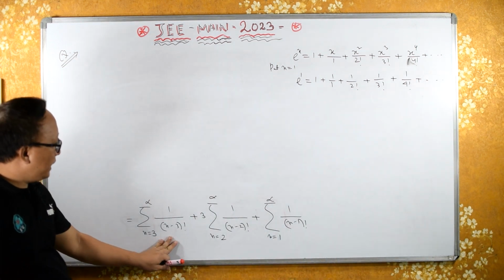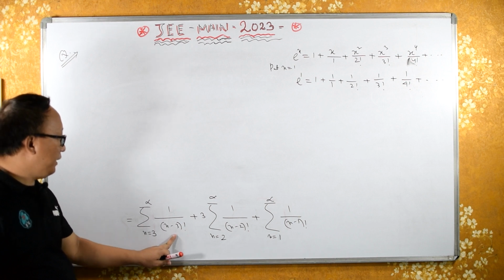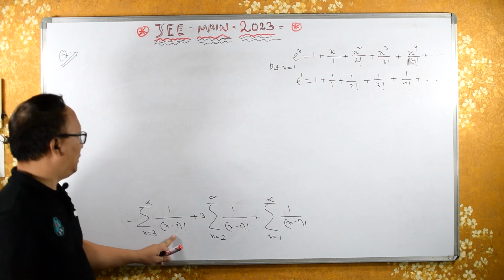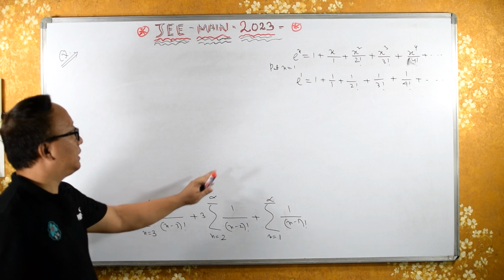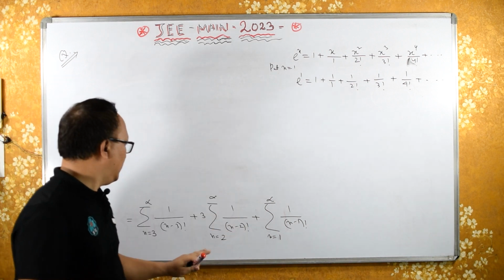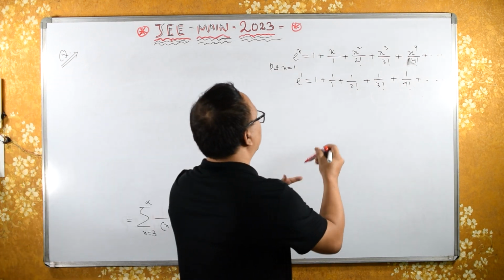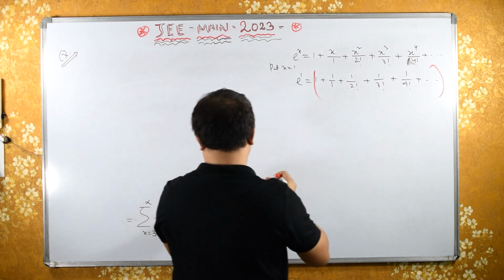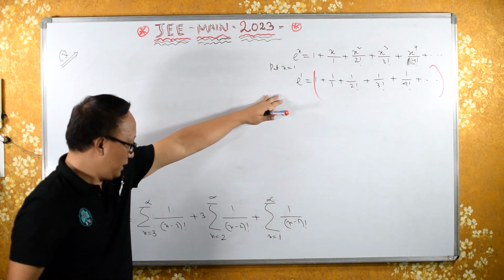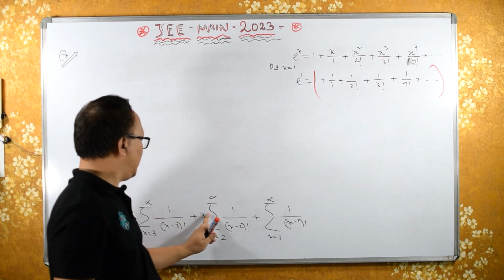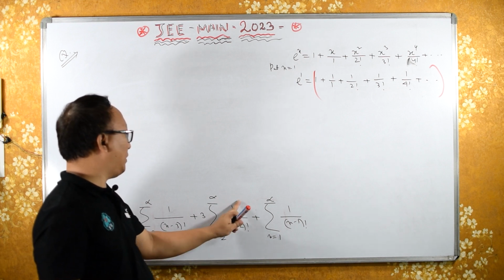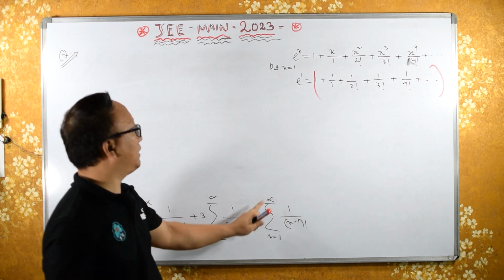Now here when n starts from 3, look at here, this is the same series. Therefore this series is e, and 3 into this, when n equals 1, 1 by 1 factorial plus, this is also the same as e.